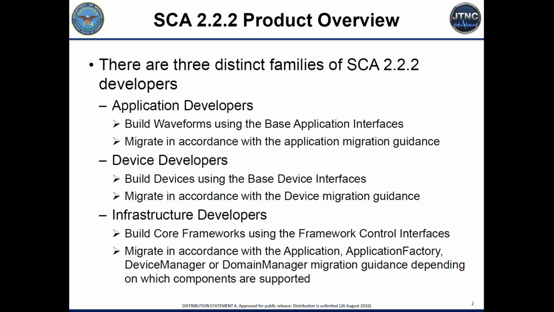So there are three high product lines, or three families of elements, that exist within the SCA 222 infrastructure, and each of those are items that would need to be migrated or evolved to 4.1.